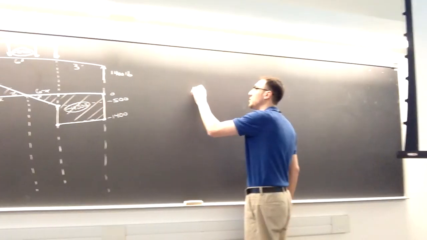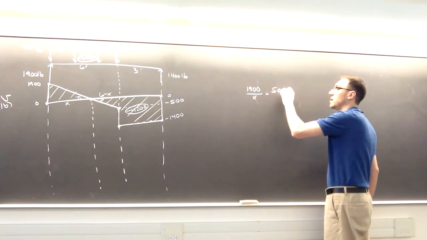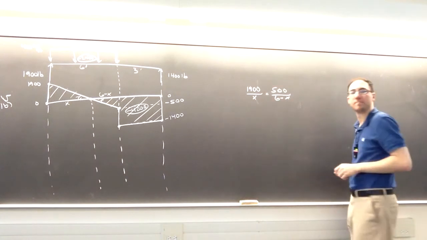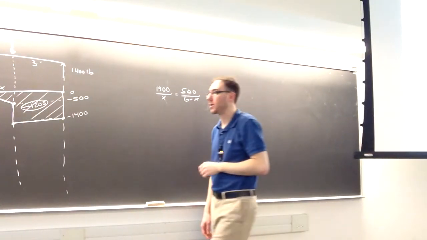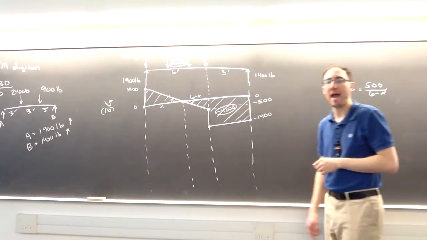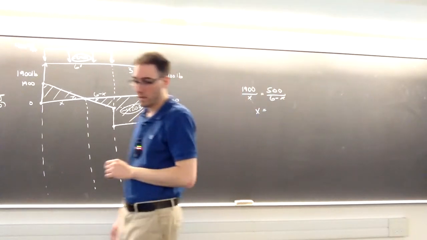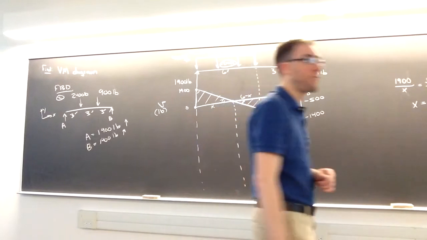I first have to find where that zero crossing occurs. Say that 1,900 to x is the same as 500 to 6 minus x. So the ratio of their sides are going to equal, and solving this for x, x is 4.75.